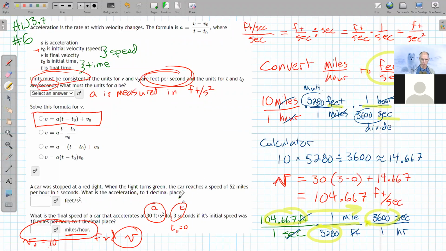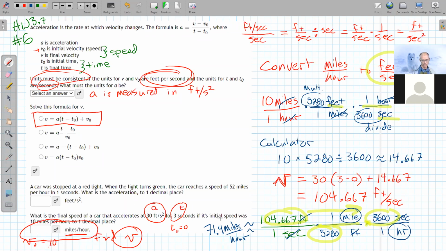So I'm kind of running out of room. Let's squeeze it right here. I think that result is about 71.4, and it should be miles per hour. If I got it right. We'll look at that another way in just a second. So that would be what I enter here.